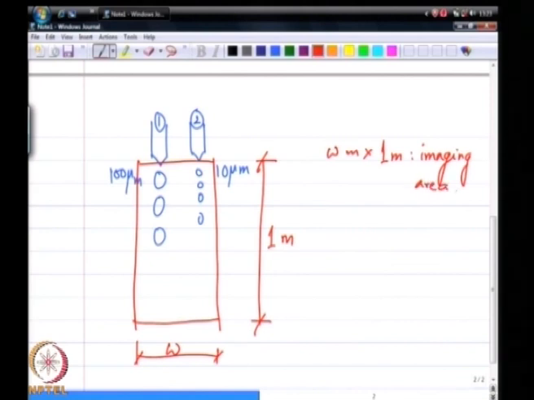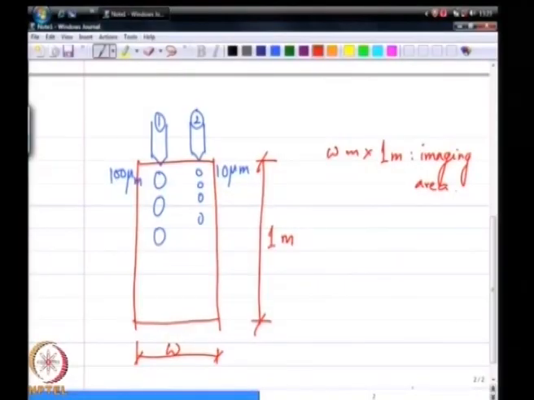That is the area that my camera is capturing. A simple way could be that I have a backlight illuminating the drops, and when I view from the front I see the shadow of the drops. So, the individual shadows form circles in a snapshot, in a frozen picture, and from those individual circles I can get the size of each droplet.